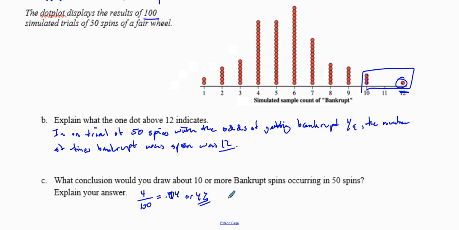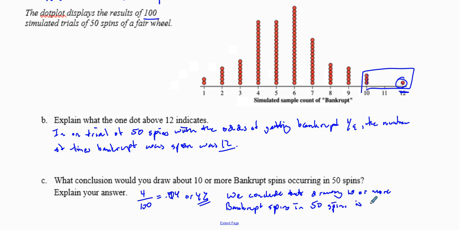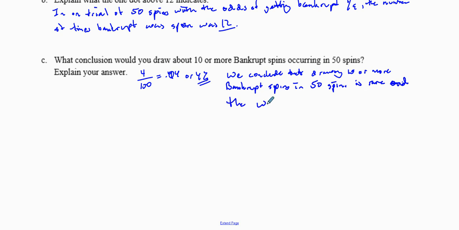So what can we conclude? We conclude that drawing 10 or more bankrupt spins in 50 spins is rare, and the wheel may not be fair.